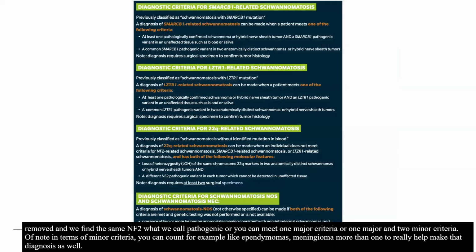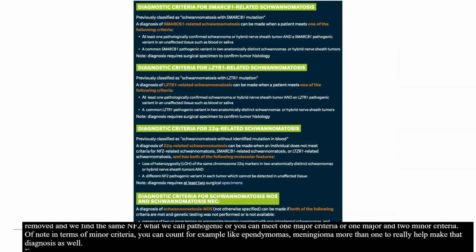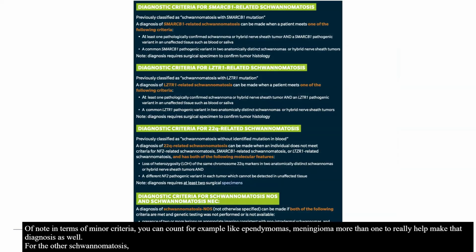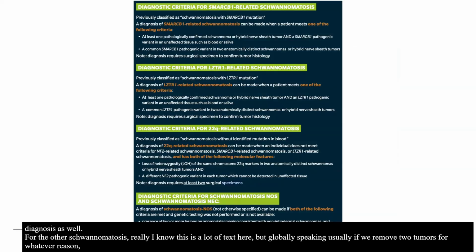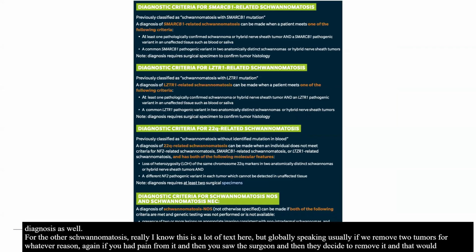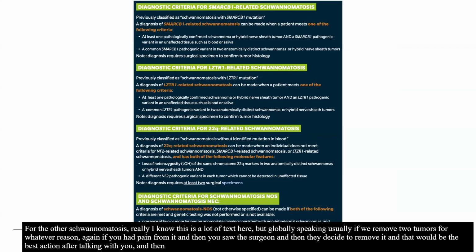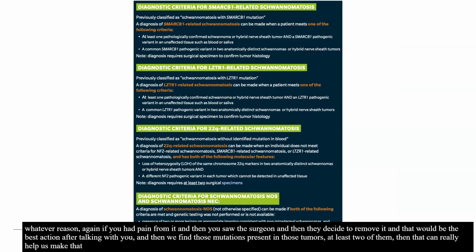For the other schwannomatoses, I know this is a lot of text here, but globally speaking, usually if we remove two tumors for whatever reason, again, if you had pain from it and then you saw the surgeons and they decide to remove it and that would be the best action after talking with you, and then we find those mutations present in at least two of them, then that can really help us make that diagnosis based on the pathogenic variant that we find.